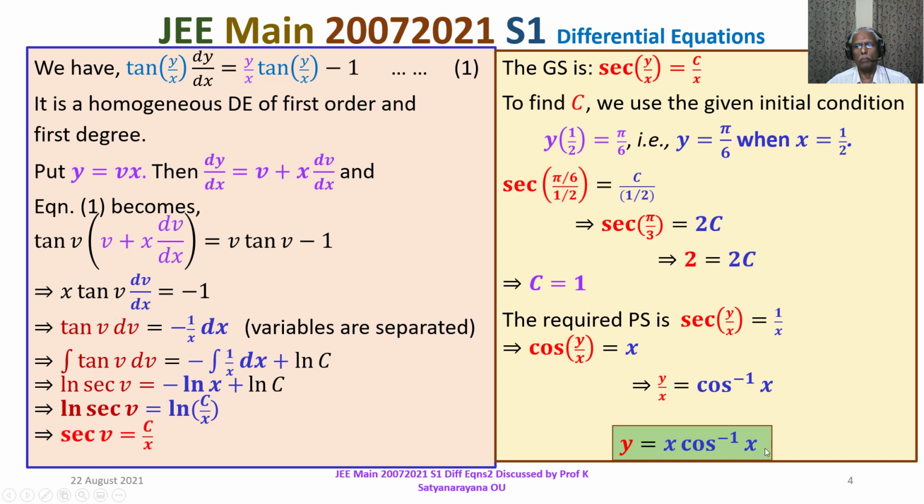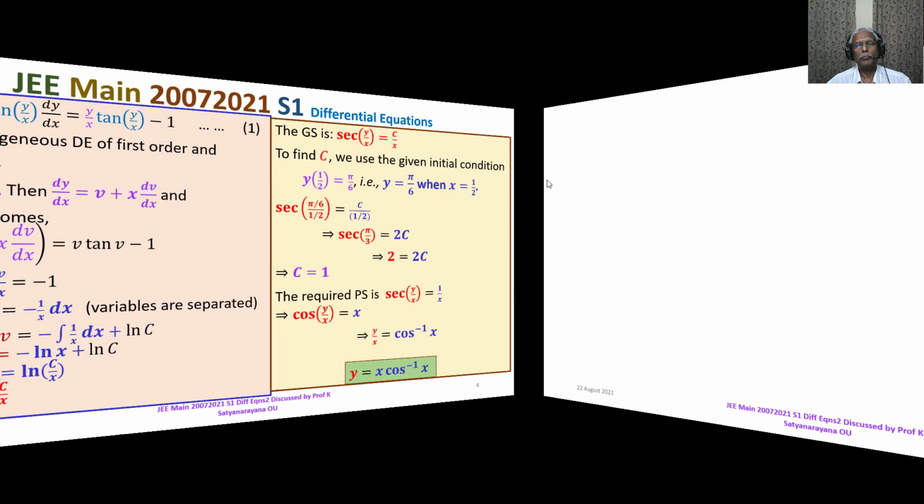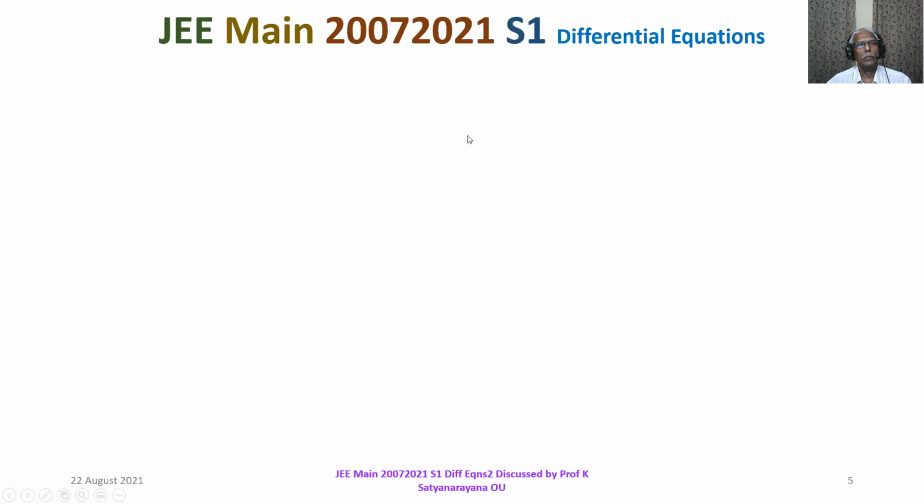This is the curve now. So we have to take this curve and find out the area as is asked. The required particular solution is this: y is equal to x cos inverse x.